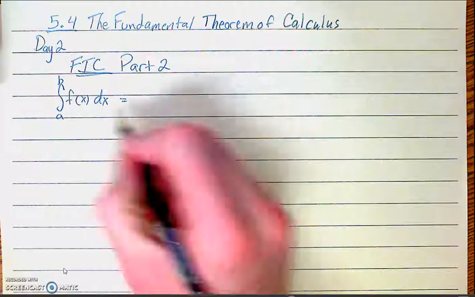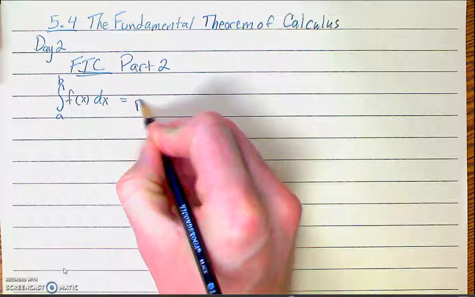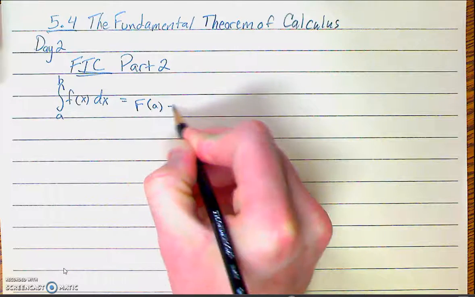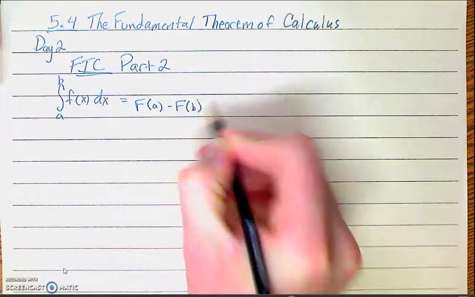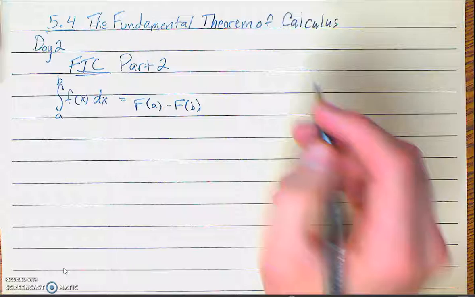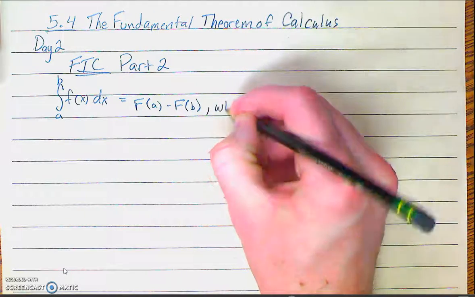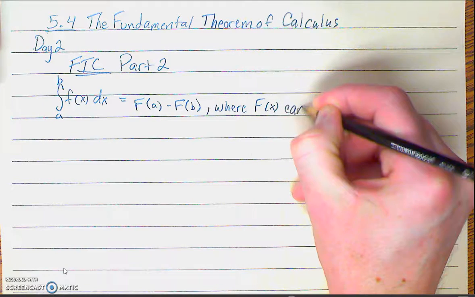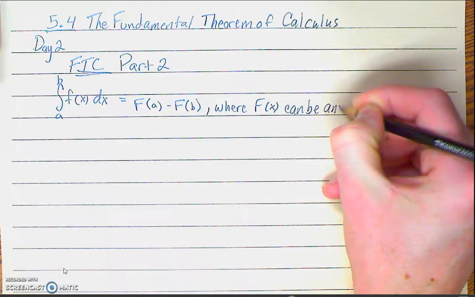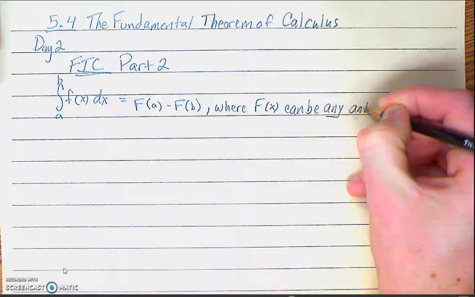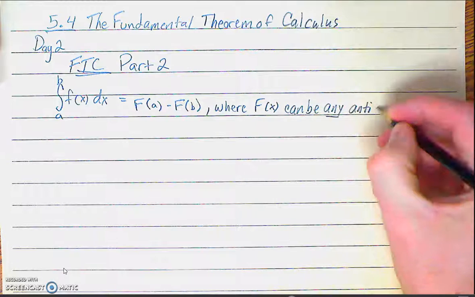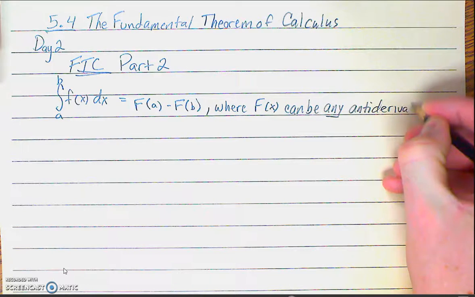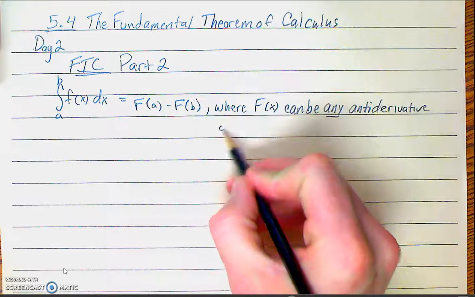This is actually equal to capital F of b minus capital F of a, where capital F of x can be any antiderivative of little f of x.